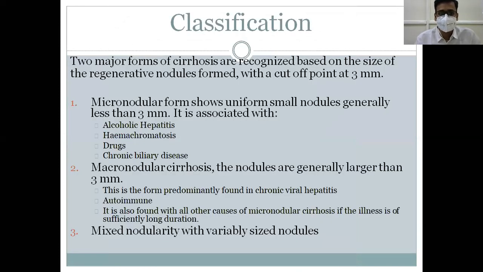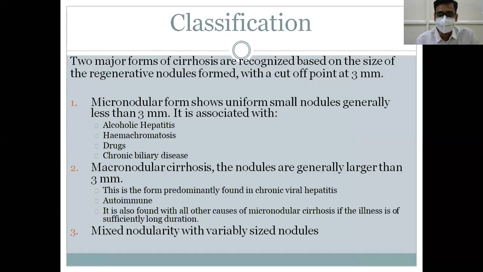Classification. Cirrhosis is broadly classified into two major forms based on the size of the regenerative nodules formed, with a cutoff point of 3 mm. When the nodules are small, that is less than 3 mm, we call it micronodular cirrhosis. Alcoholic hepatitis, hemochromatosis, drugs, chronic biliary disease, and a few other diseases are associated with micronodular cirrhosis.